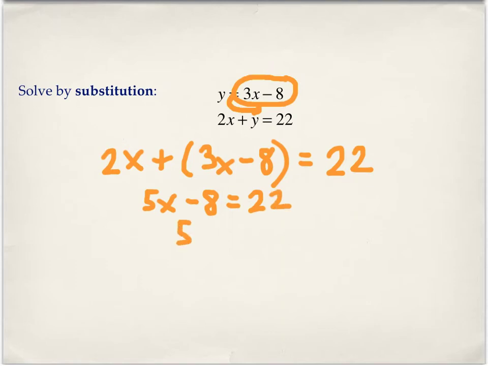I'll add 8 to each side, so 5x equals 30. I'll divide by 5, so x will equal 6. And don't forget that we need to get our second value for our ordered pair. So then I go back to probably the first equation here, whatever one is easiest, it doesn't really matter.